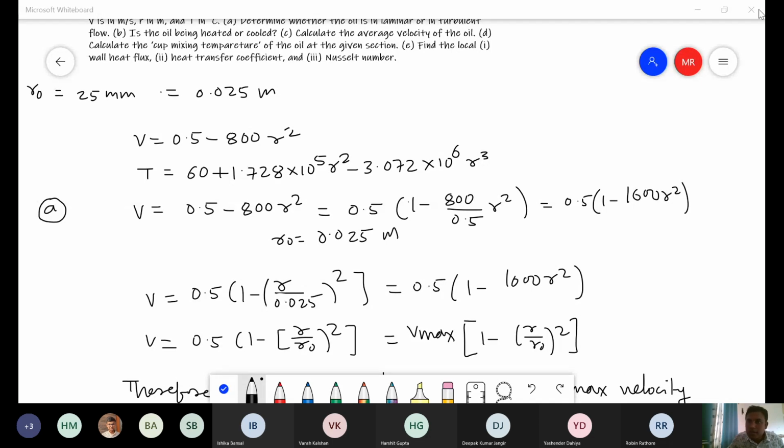Okay, so let me just update the tutorial. Give me just 1 minute. Okay, I'll just correct it here itself, otherwise the same file will move around.